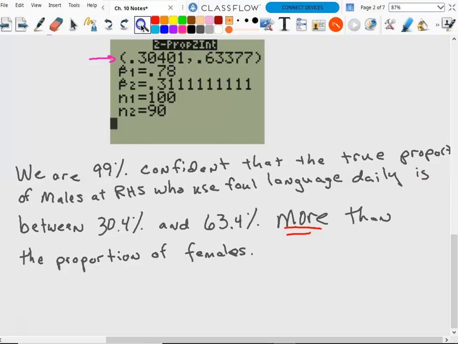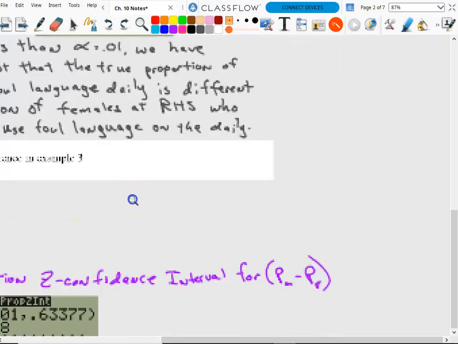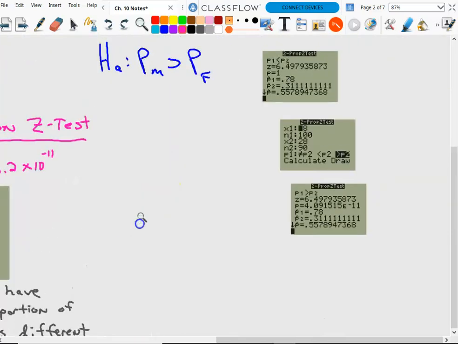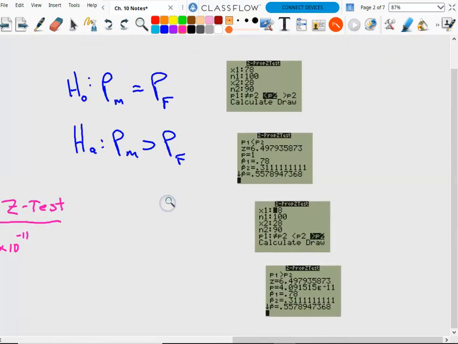Okay, one thing I do want to show you. I'm almost done. What would happen, and I probably should have done this problem this way first, but whatever. And when I say this way, what would happen if I went into this problem thinking that males were more likely to use foul language?